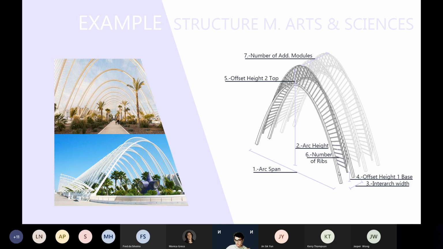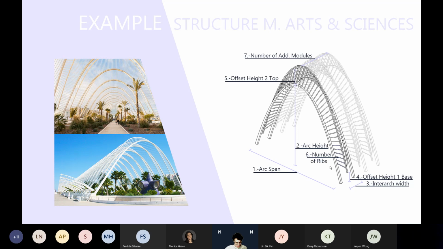Then the number of ribs on one side, and then the number of models that go into the x-axis, the number of models that we use to populate the structure in that direction.